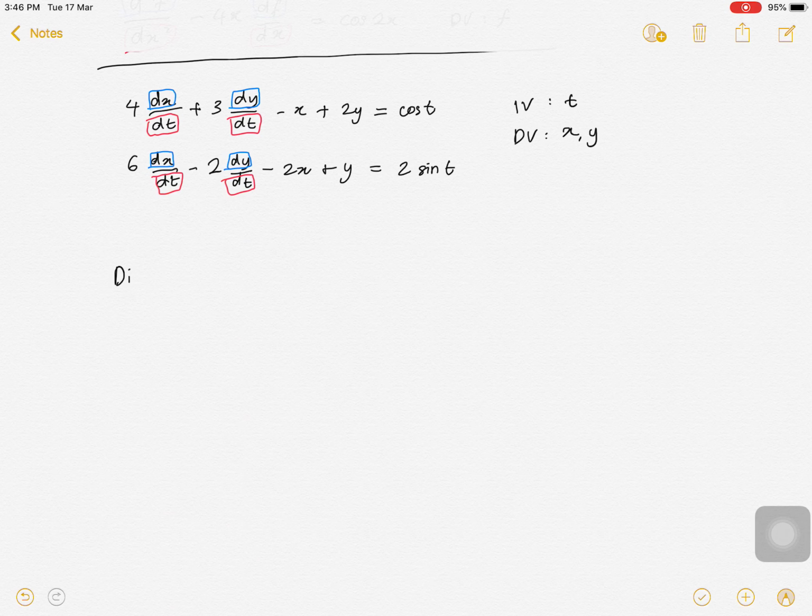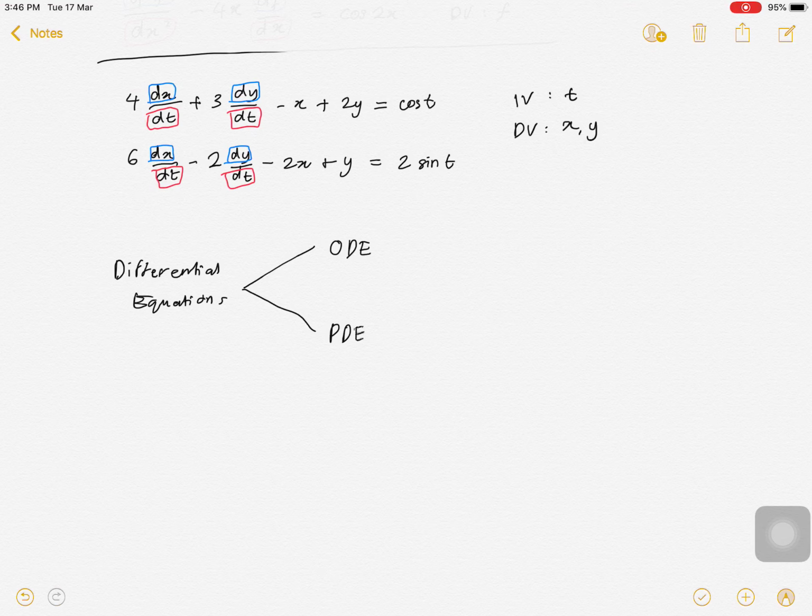For differential equations, they can be divided into 2 types. First is ODE, the one that I explained just now, and the PDE, the one that we learned in the previous lecture.